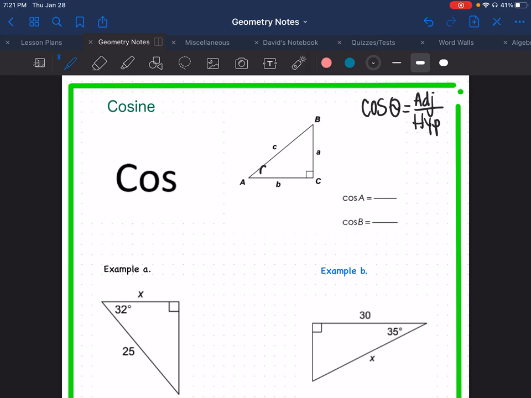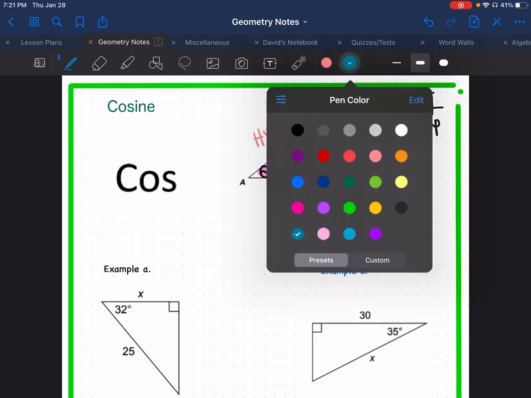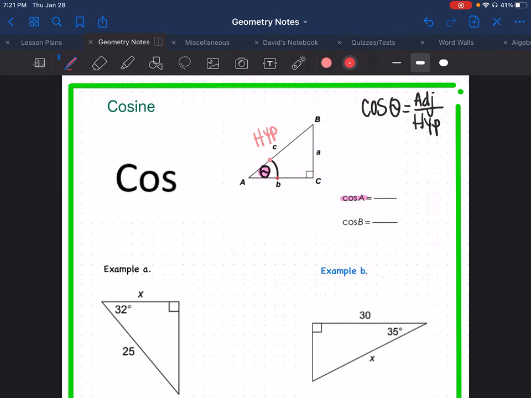So if I place theta here at A, let's go ahead and make it pink. This, of course, is my hypotenuse. And I hope you're going to start to notice that the hypotenuse does not change.